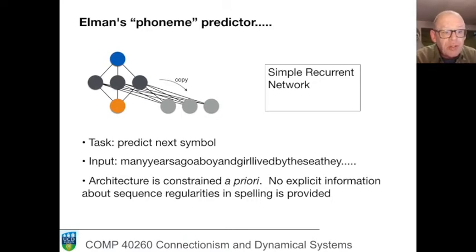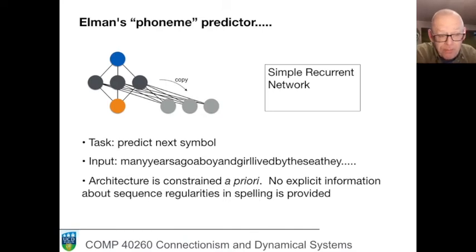The input consists of sequences of letters, suitably encoded, of this nature, without any spaces, punctuation marks, or anything else. And the network is given a slightly odd task that is only possible now because it has its prior state available to it. Its task at each stage is to predict the next symbol.